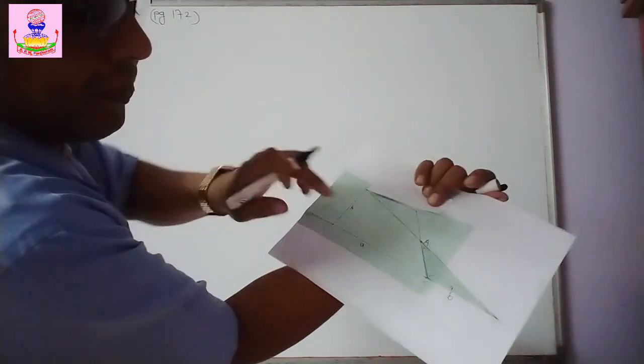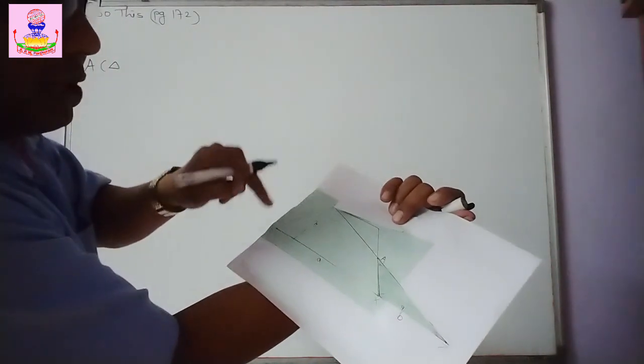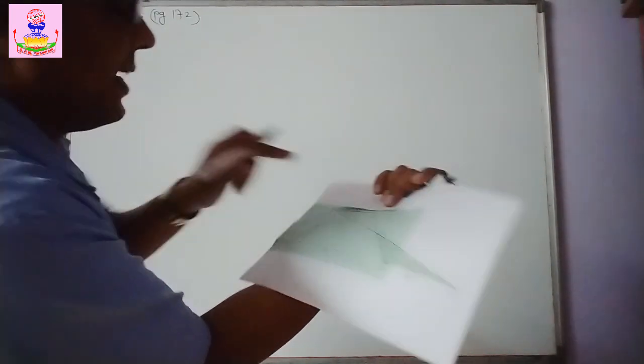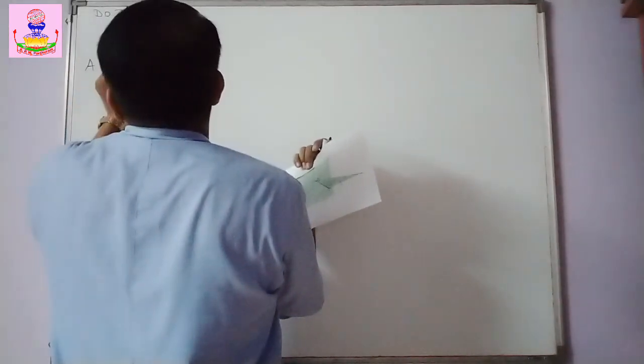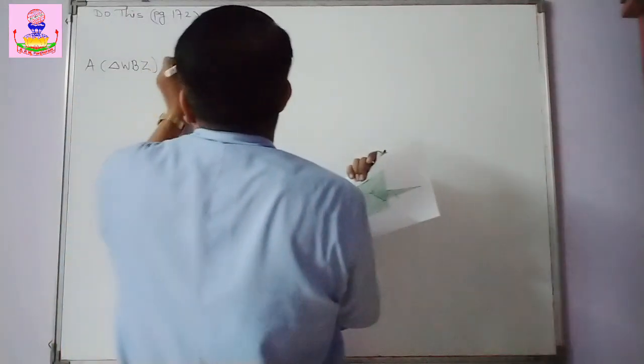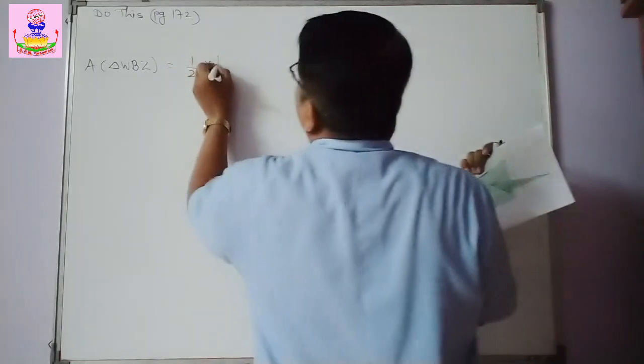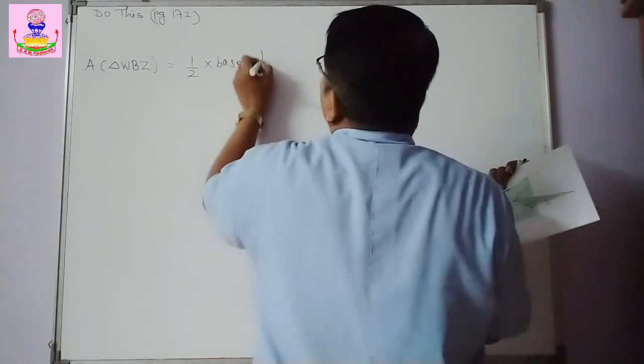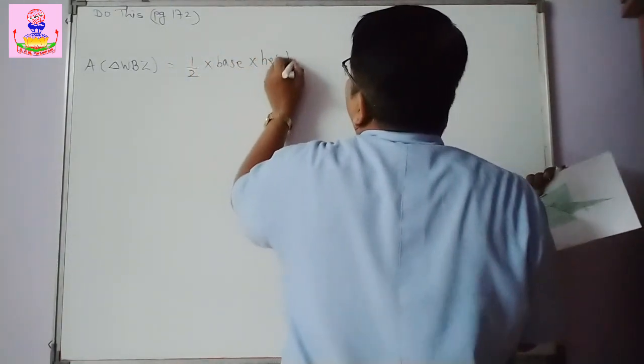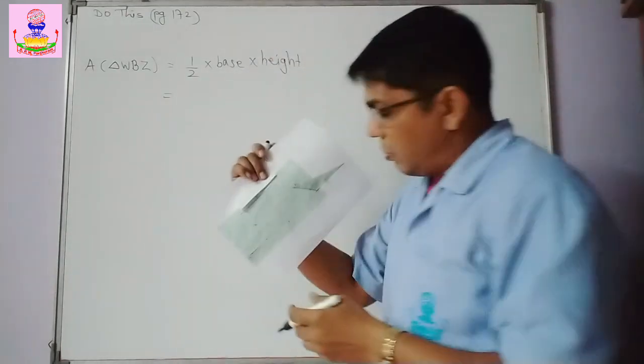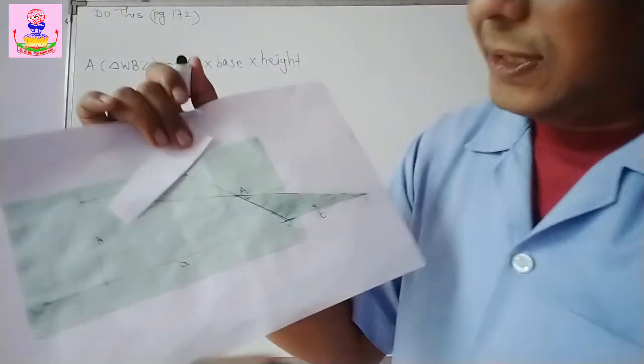So we'll name it WBZ, it is given in the book. Area is half into base into height. What is the base here?